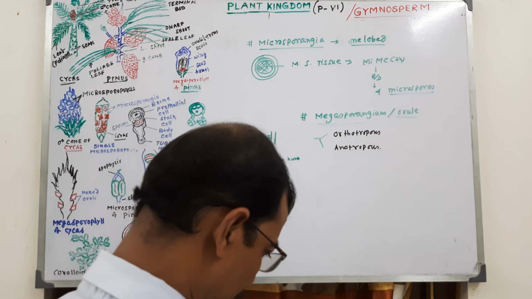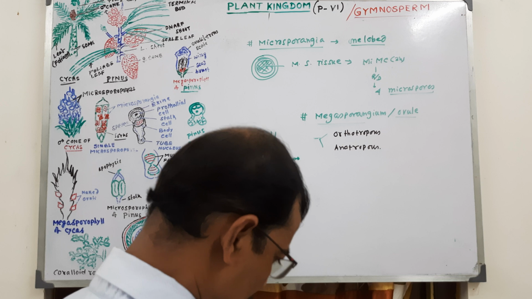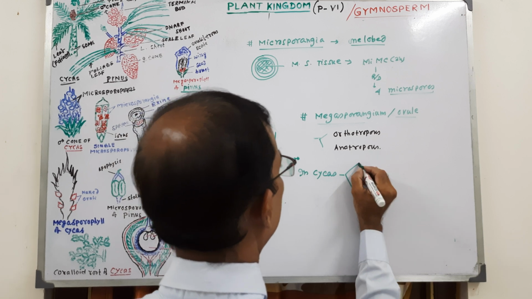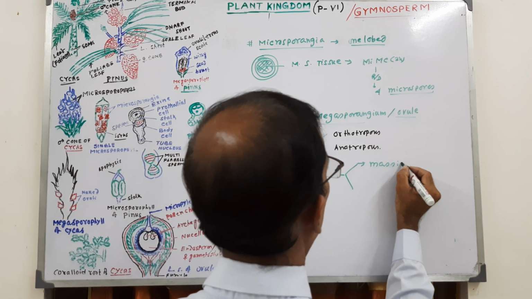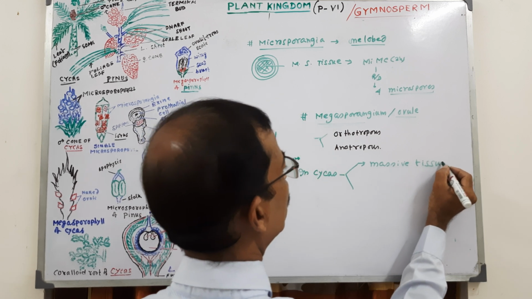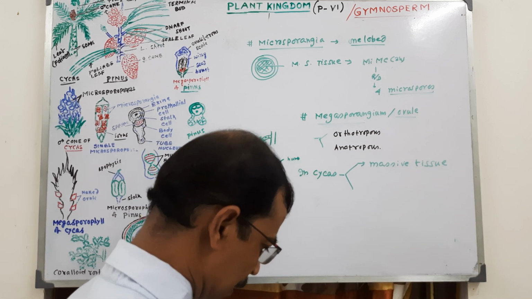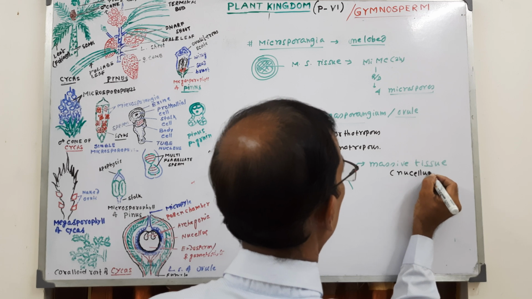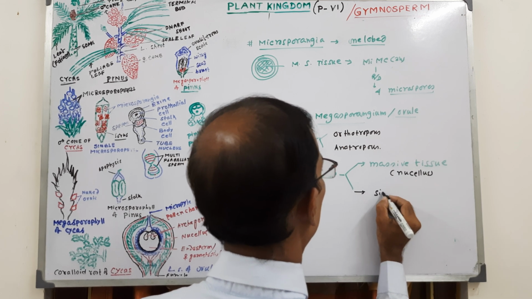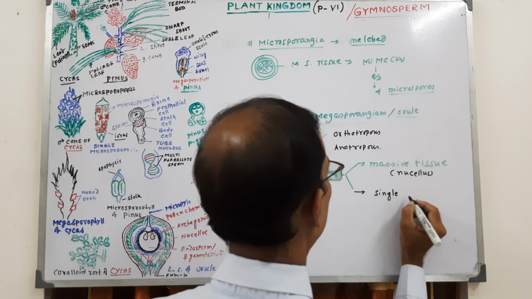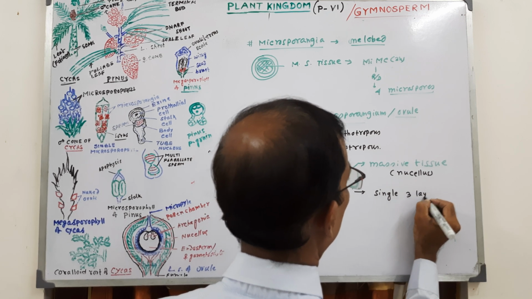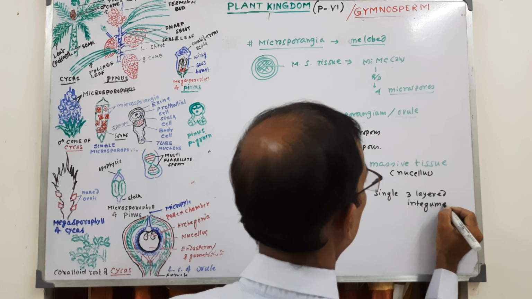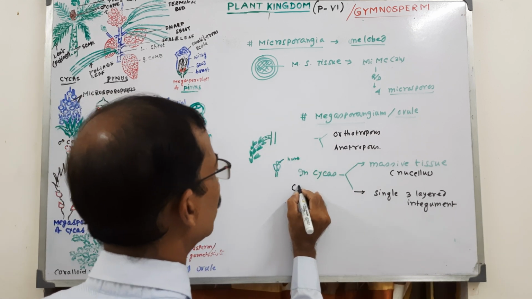Number 2, in Cycas it consists of a massive tissue, this is the nucellus, and a thick single integument, that is, the ovule is mostly unitegmic.